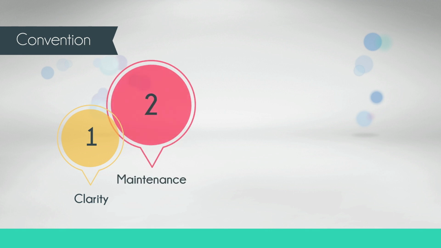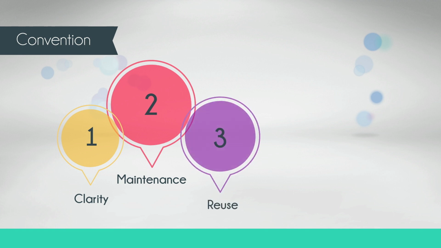Indeed, it is important that the names of the variables you use are meaningful. There are several advantages to using a naming convention. 1. Clarity. A clear and consistent naming convention allows developers to quickly understand the function and content of variables. 2. Maintenance. This allows developers to quickly identify variables that need to be updated or corrected, making it easier to maintain the code. 3. Reuse.